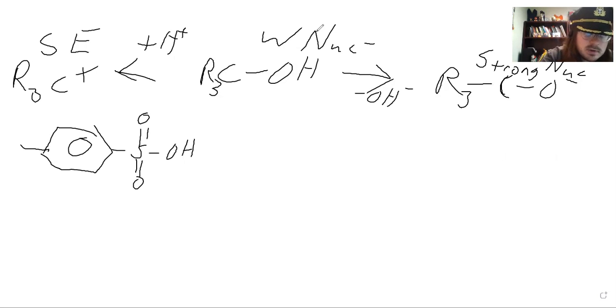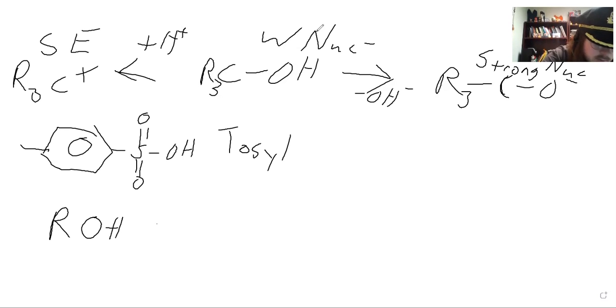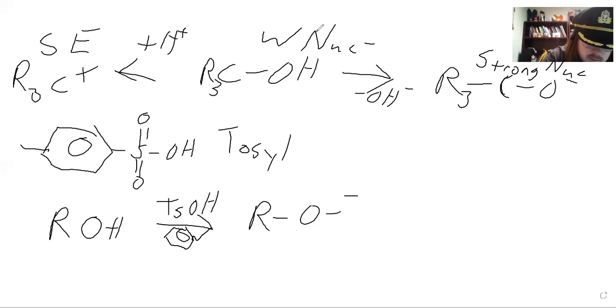So a common thing with this tosyl is we're going to do, say, ROH in the presence of TsOH, our tosyl group, in benzene, in pyridine. We're going to form a tosyl alkane and water.